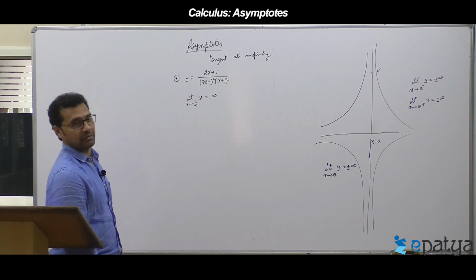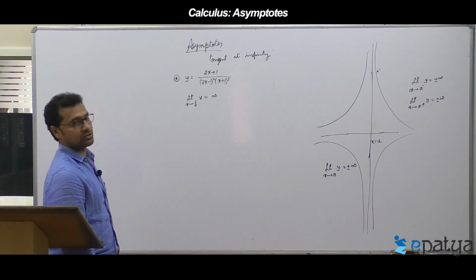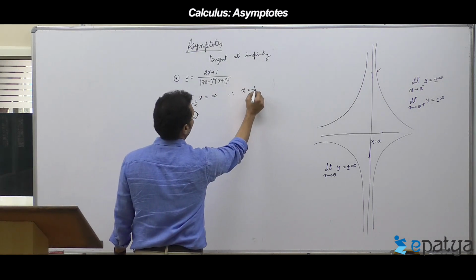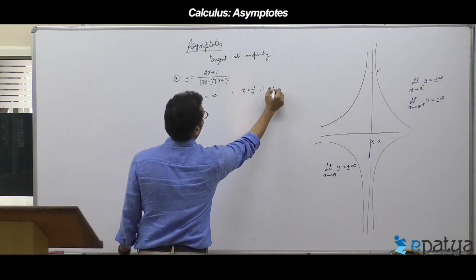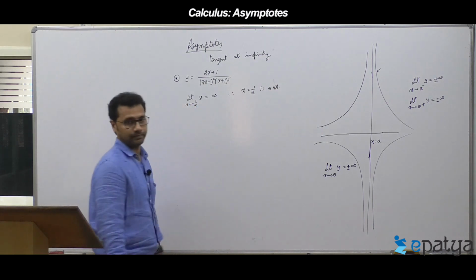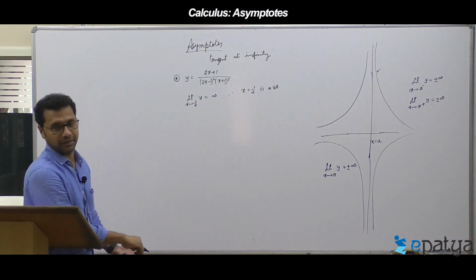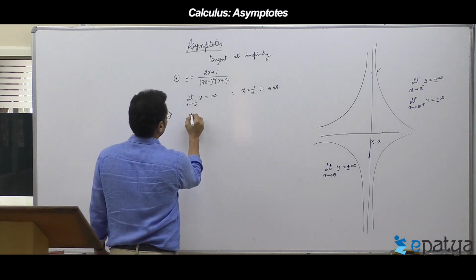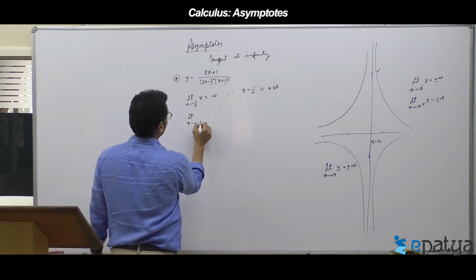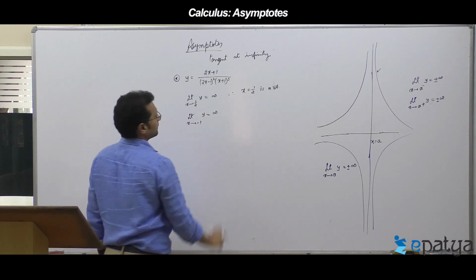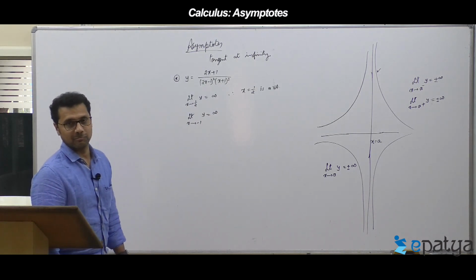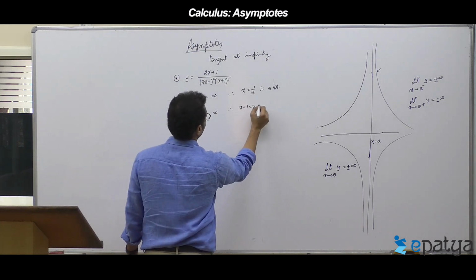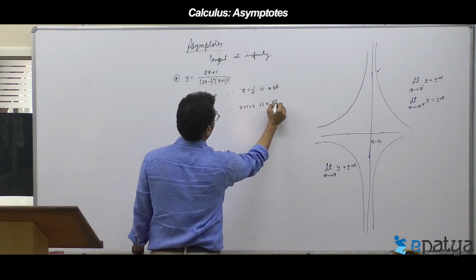Is it or not? Limit x tends to half, y goes to infinity. Therefore, x equal to half is a vertical asymptote. Denominator. Also, limit x tends to minus 1, y also is going to infinity. Therefore, x plus 1 equal to 0 is a vertical asymptote again.